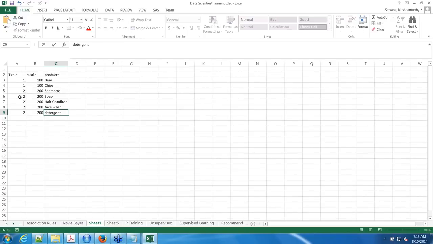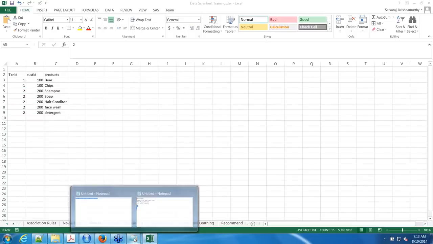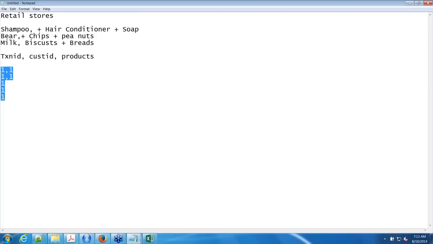Likewise he buys collectively. After this transaction is done, he has a basket and takes it to his home. So that's how the transaction is done in retail shops, retail stores.